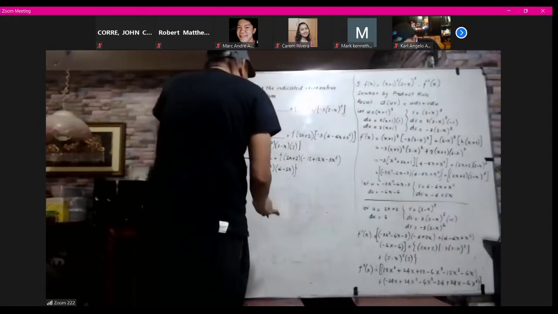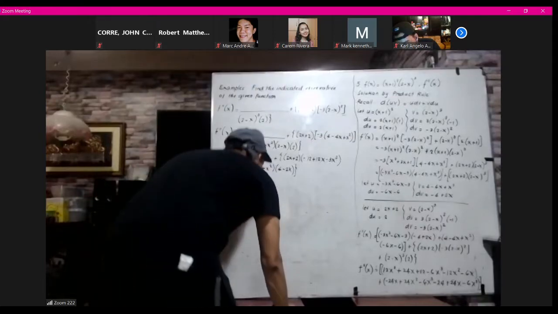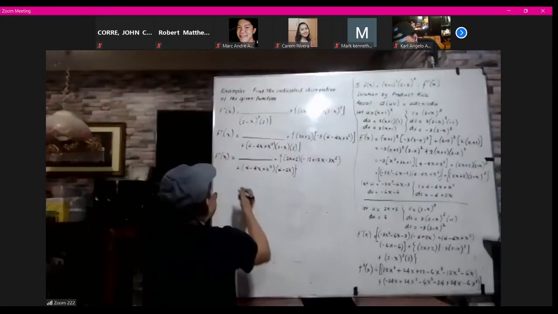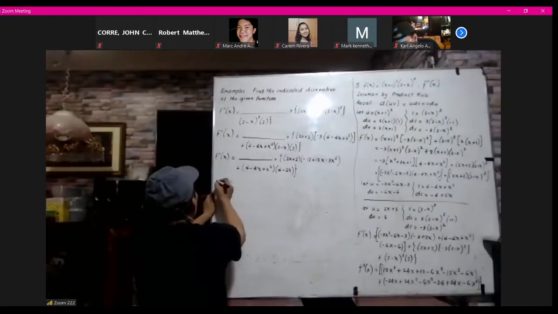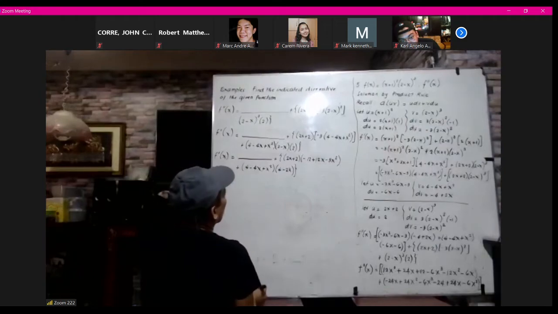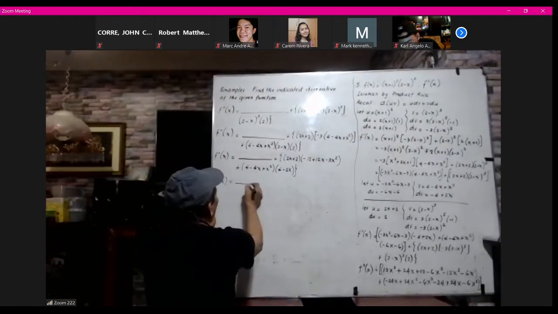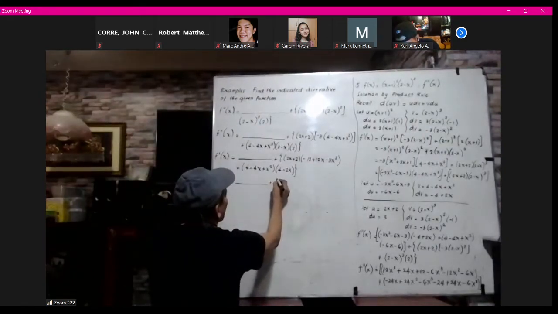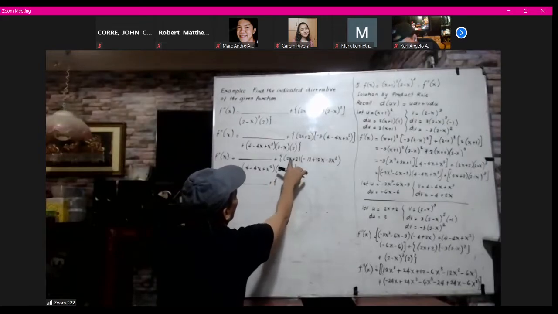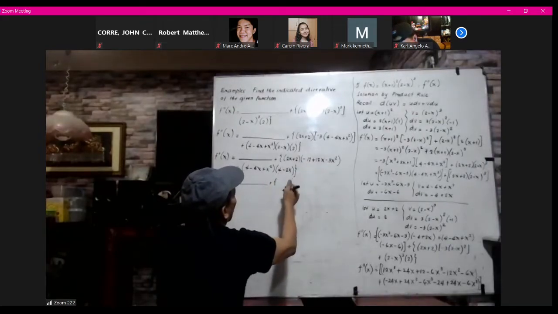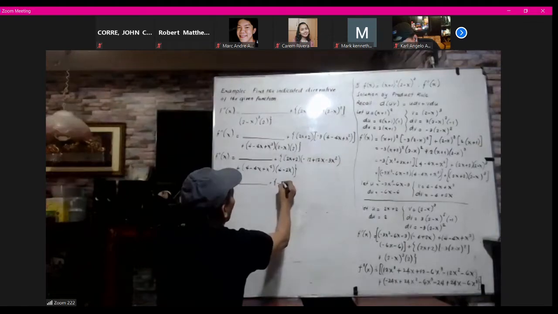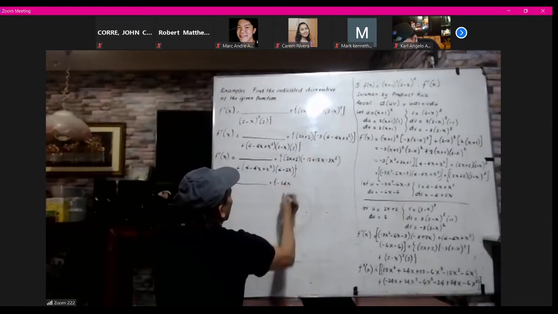Yan. So, simplify ulit. This is now equal to second derivative of x. That is equal to blank, then plus. Ito. 2x times negative 12, negative 24x.